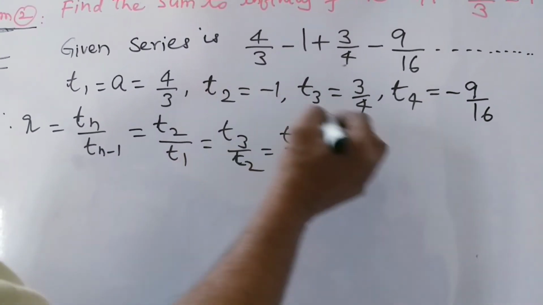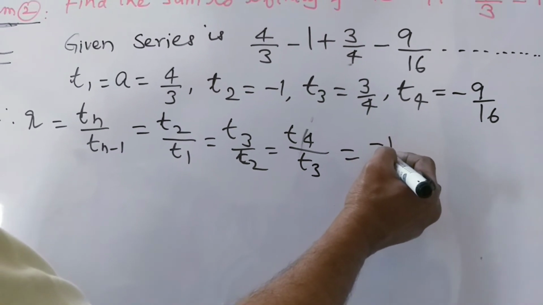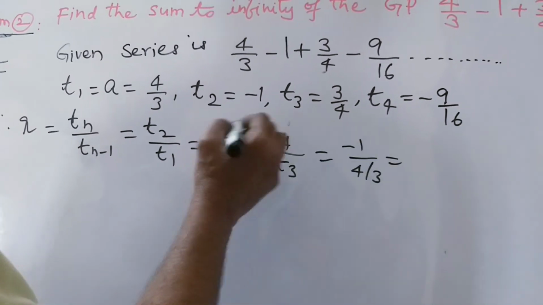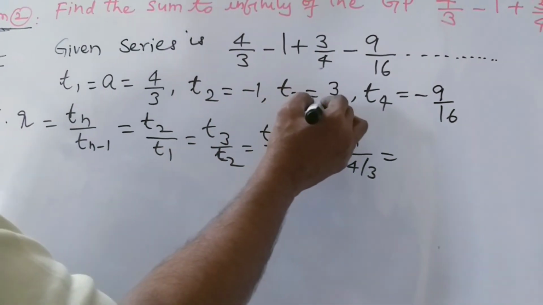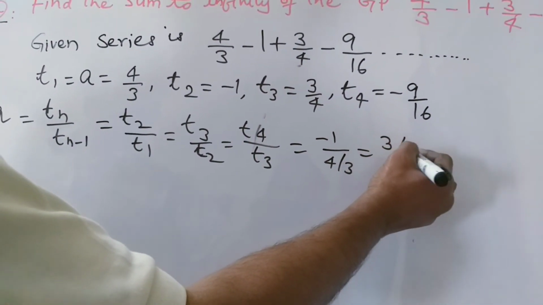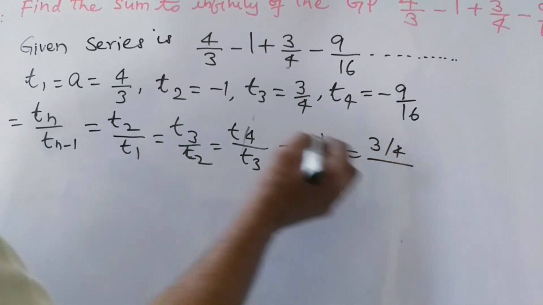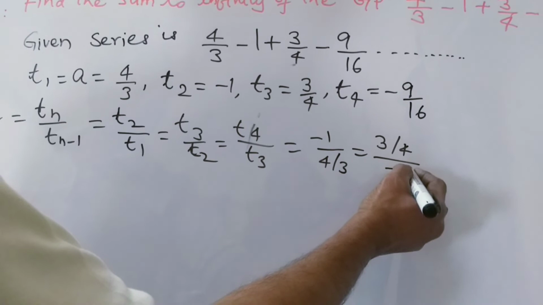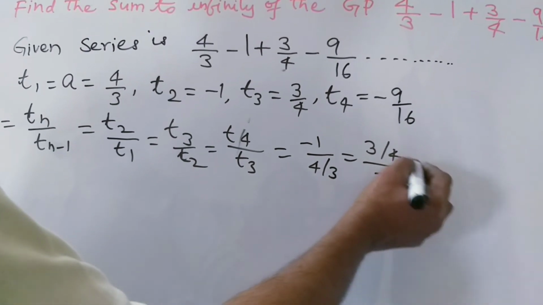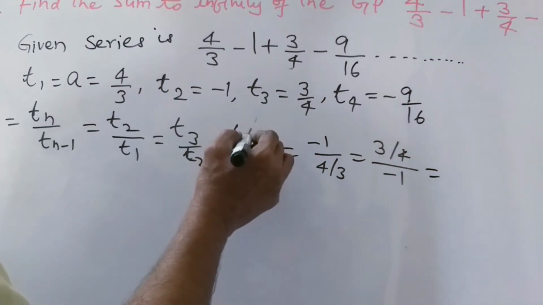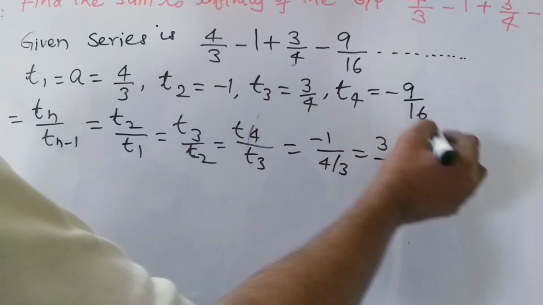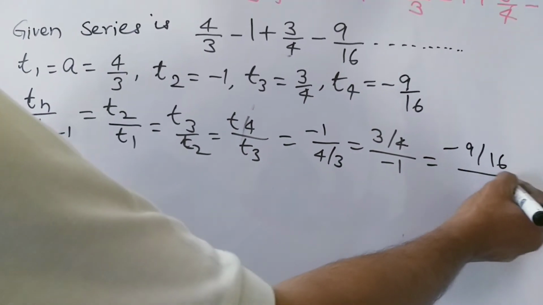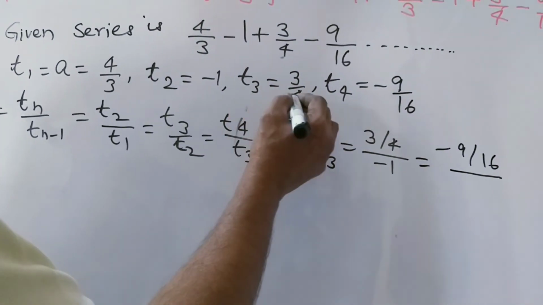T2 by T1 is minus 1 by 4 by 3, T3 by T2 is 3 by 4 by minus 1, and next T4 by T3 is minus 9 by 16 by 3 by 4.